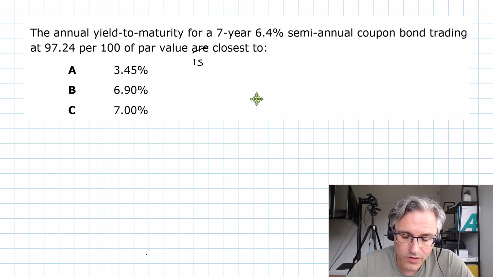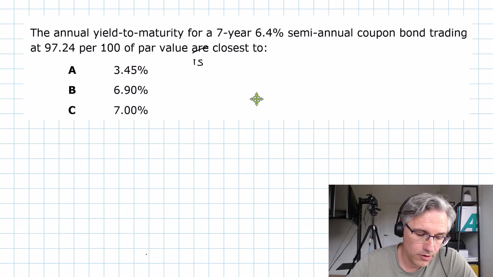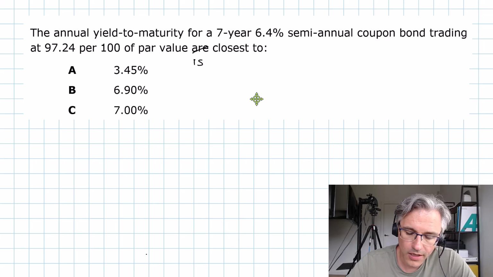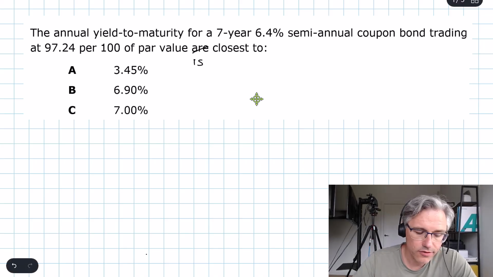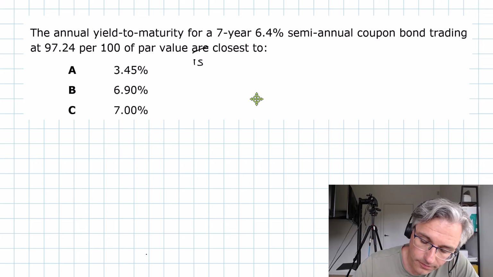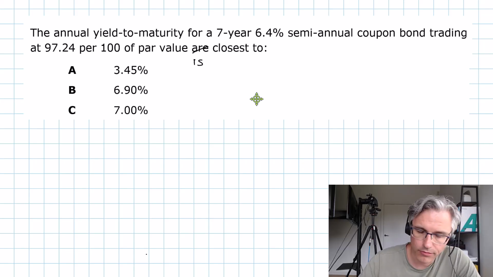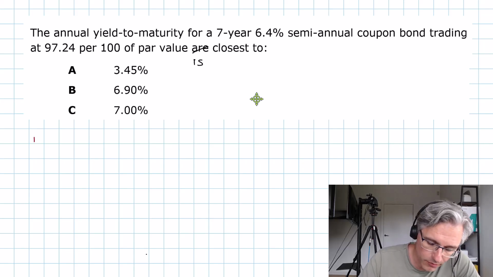Okay, so what's the annual or annualized yield to maturity for a 7-year bond? Because it pays semi-annual coupons, we're going to assume, this is a rule, a periodicity of 2. So let me write this down.